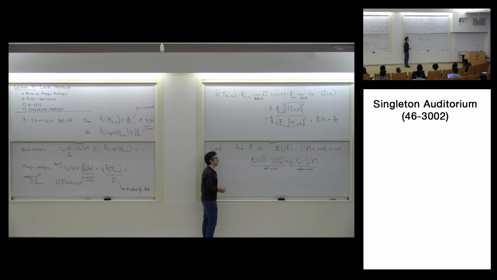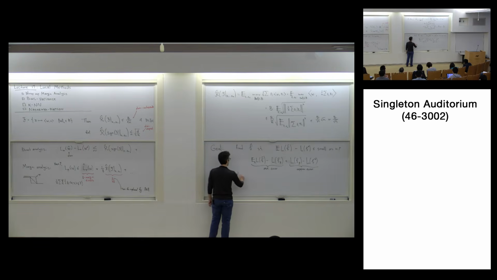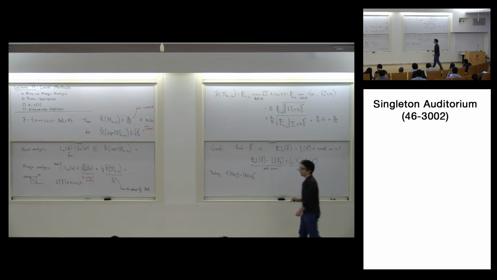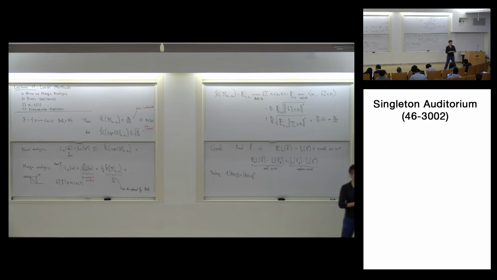So today, the loss function is going to be square loss. So the loss of f of x comma y is going to be f of x minus y, squared. And for this loss function, I'm going to introduce a different bias-variance trade-off.